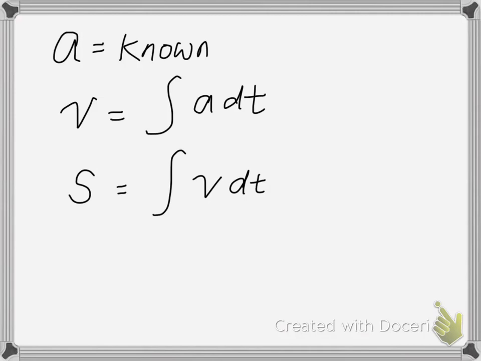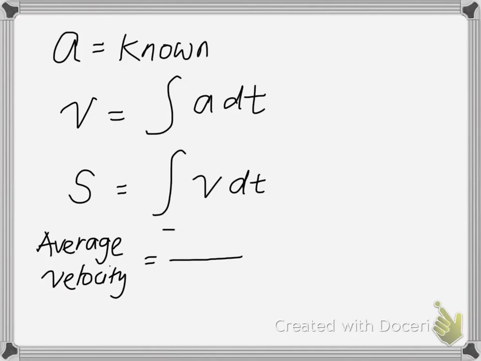Alright? Okay. Now two other quantities that we want to look at, which is average velocity. What's the definition of average velocity? It must be a total displacement over time, yes?